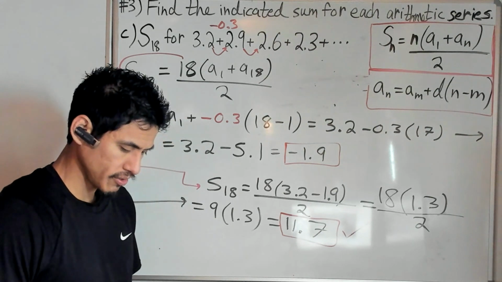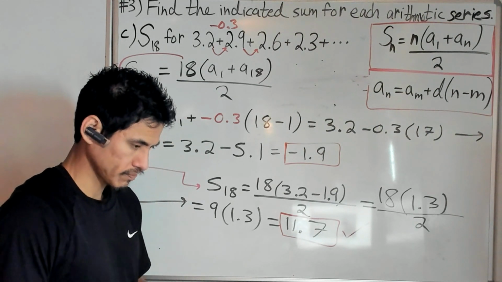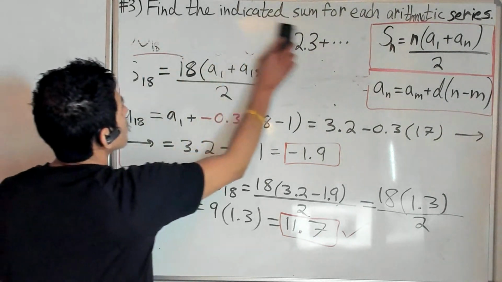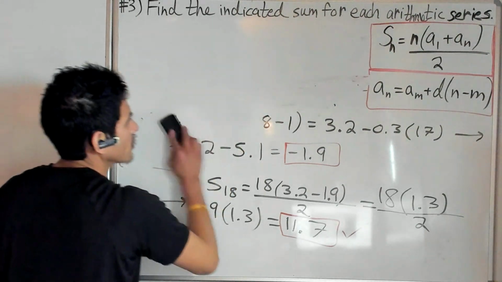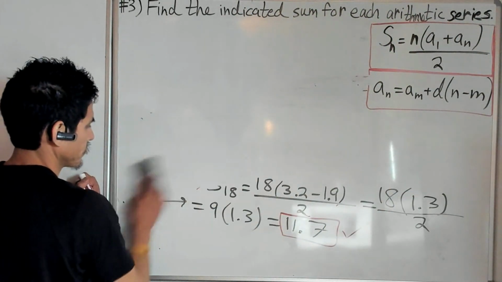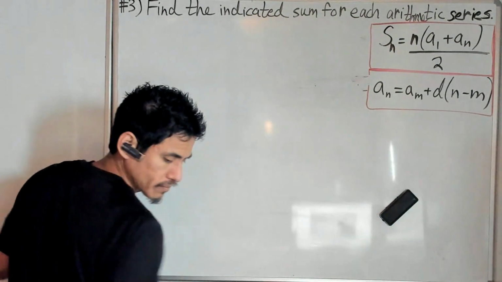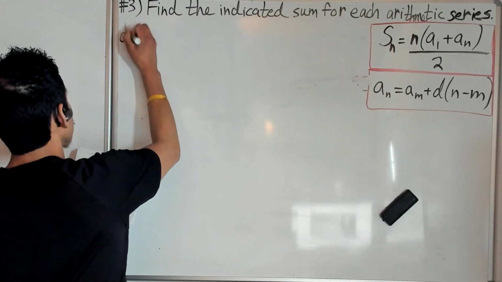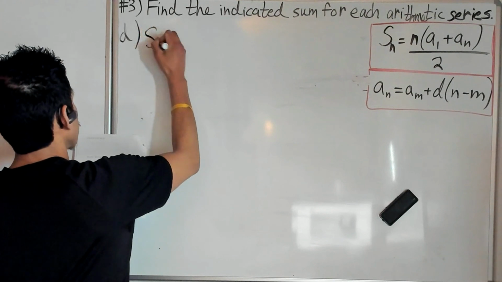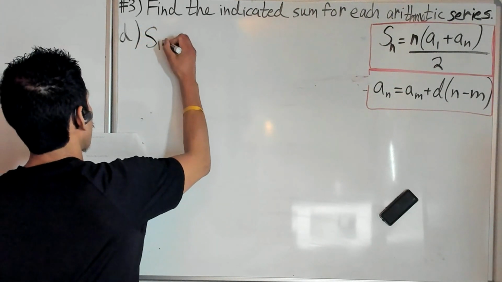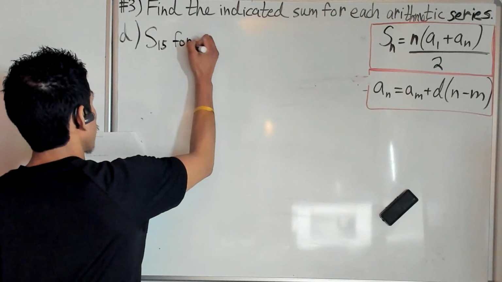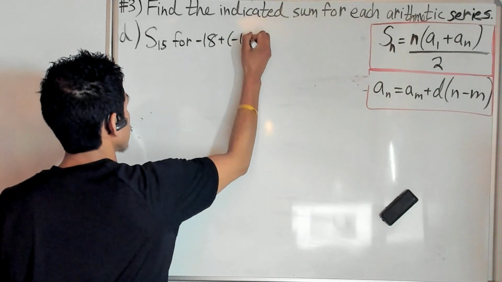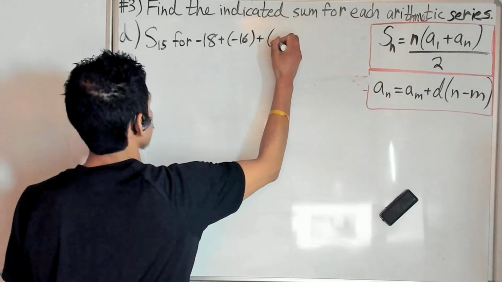Let's do one more of these. So let's look at Problem D. Problem D, we have S15. We want to find the sum of the first 15 terms for negative 18 plus negative 16 plus negative 14 and so forth.